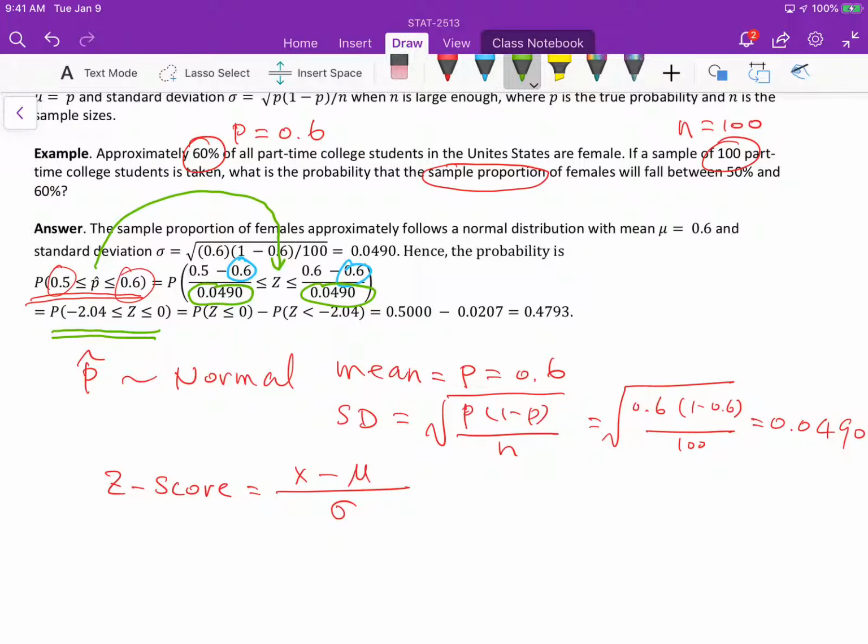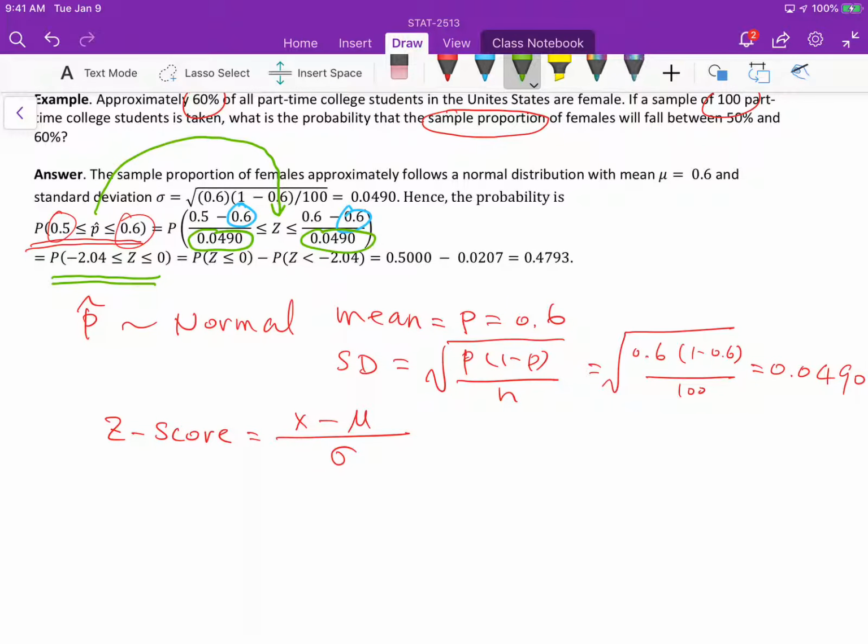We want to know the probability that the z-score falls between negative 2.04 and 0, right? So now we want to know the probability of this area.